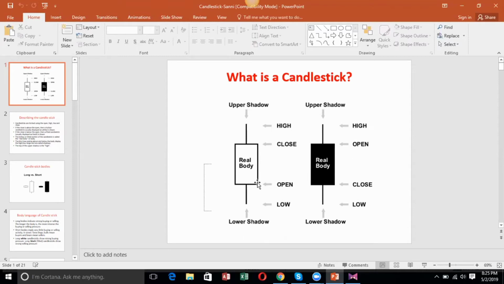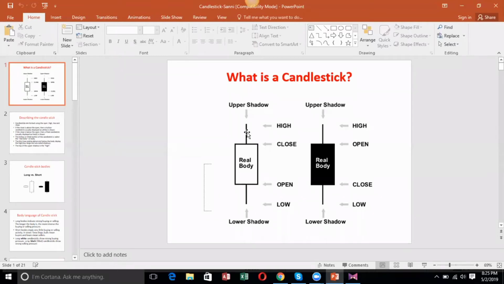So this is the open price of this candle. At a point, it went down like this. You thought it was going down, but before the end of the day, it reversed, went as high as this place, and finally closed here.